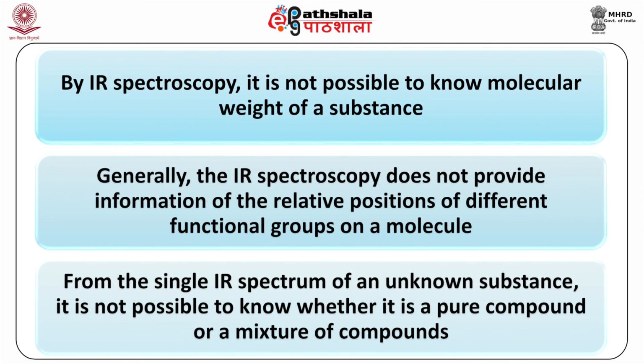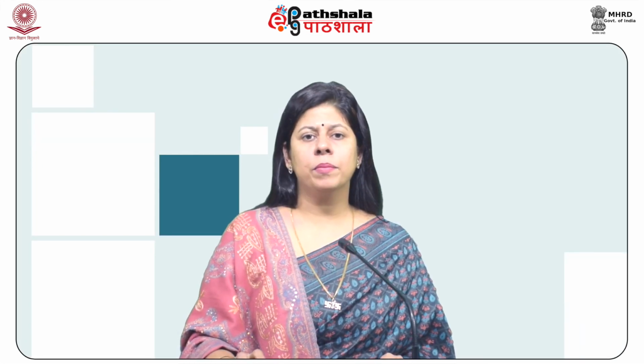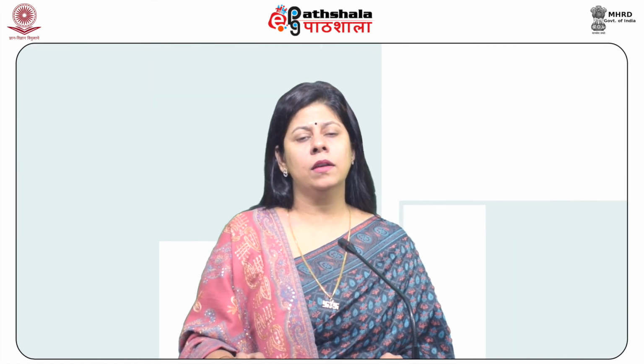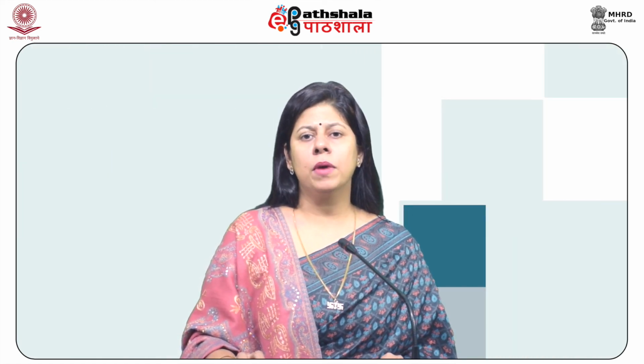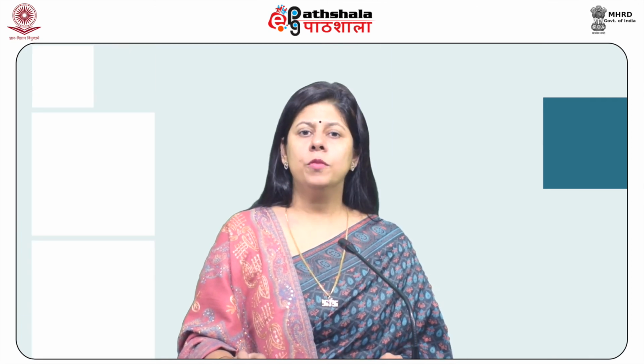Generally, IR spectroscopy does not provide information on the relative position of different functional groups on a molecule. From a single IR spectrum of an unknown substance, it is not possible to know whether it is a pure compound or a mixture of compounds. An interesting example is that a mixture of paraffin and alcohol will give the same IR spectra as higher molecular weight alcohols.